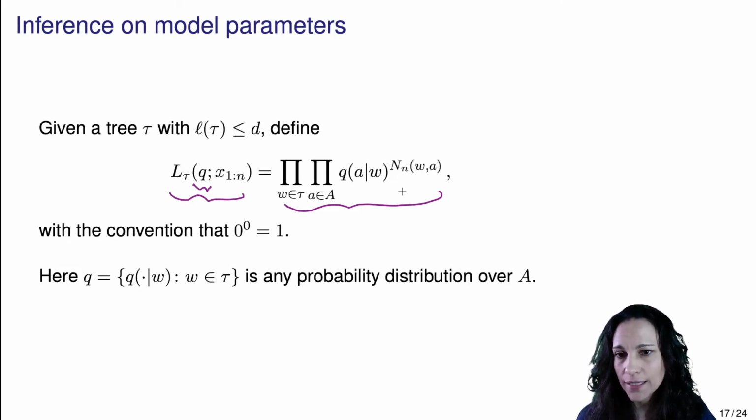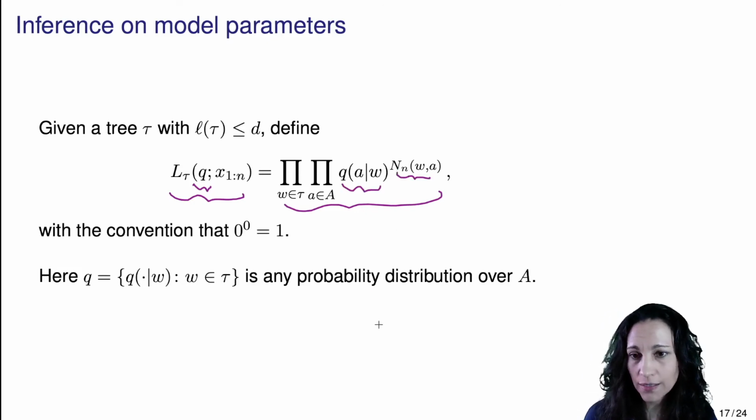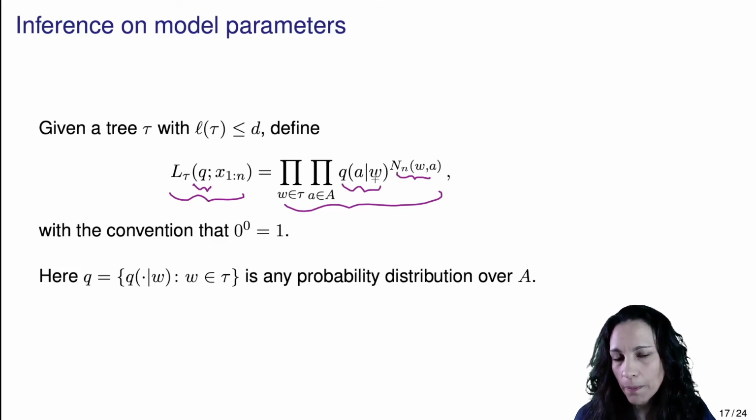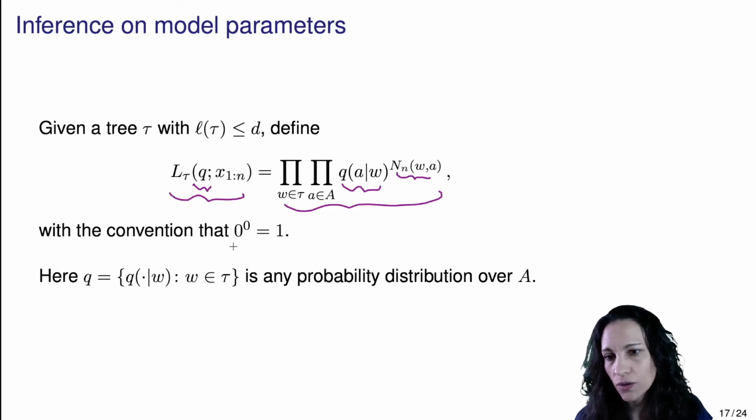That means that this transition probability occurs this number of times in the sequence. So this represents the conditional probability of the sample given the first d symbols. Okay, here we compute this likelihood with the convention that 0 to the power 0 is 1, okay?